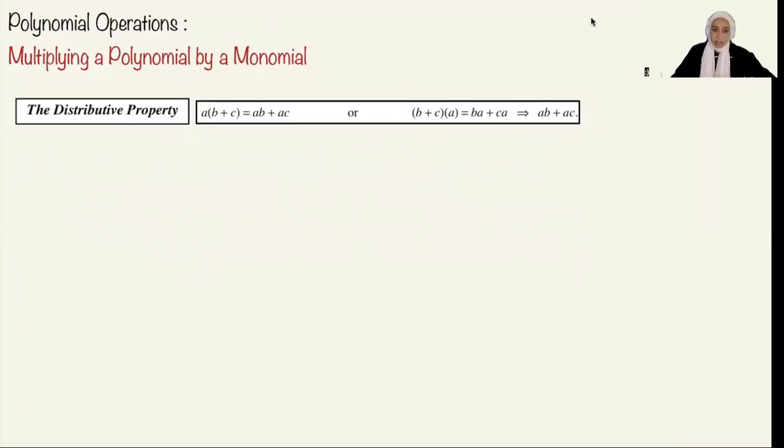Now, the way we do this is that we need to understand that if I have something like 2 and then a bracket with 3 inside, we said before that if I ever have numbers written like this, it means that I'm multiplying 2 by 3, right?